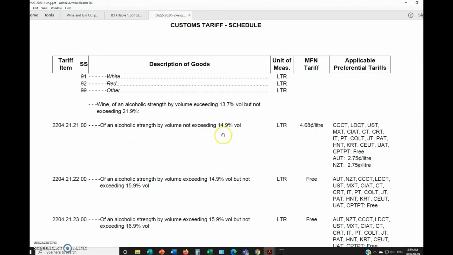So it is not greater than 14.9%, it is 10%. So this is our HS number. The unit of measure is LTR, and the most favored nation tariff rate is 4.68 cents. Notice the cent symbol.